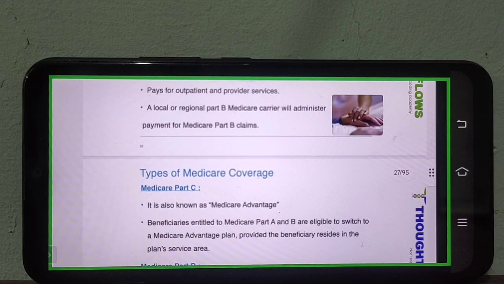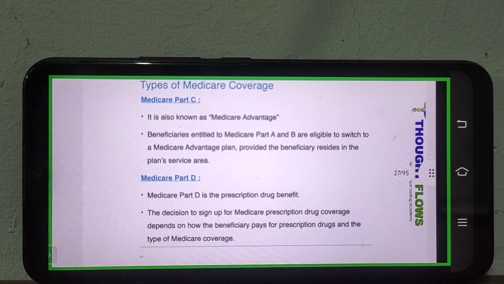Then Part C, it's also called Medicare Advantage. If a patient has Part A and Part B, that patient is eligible to switch over to Part C. So what is the usage of Part C?